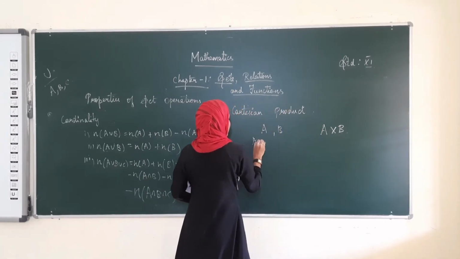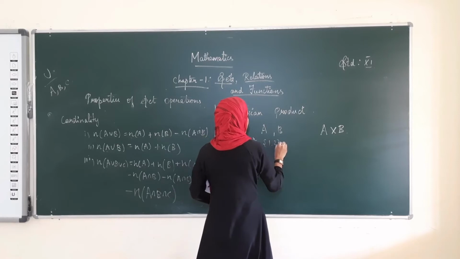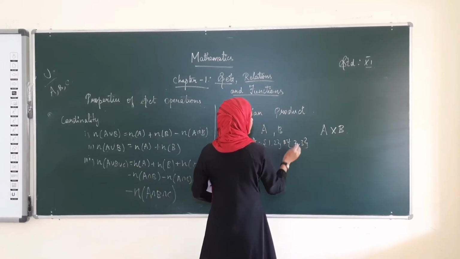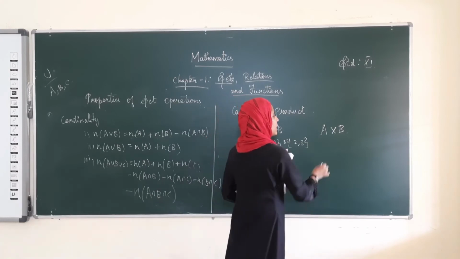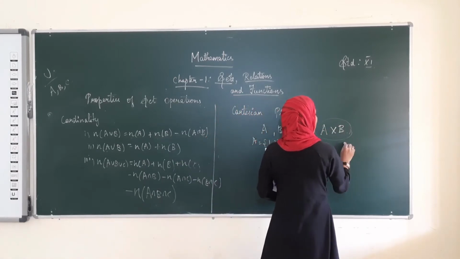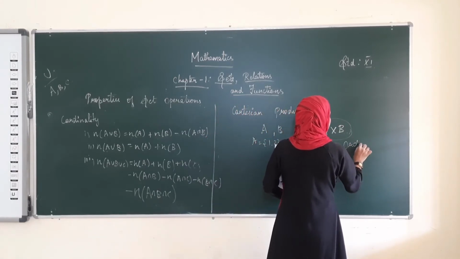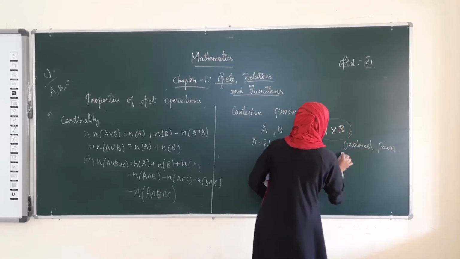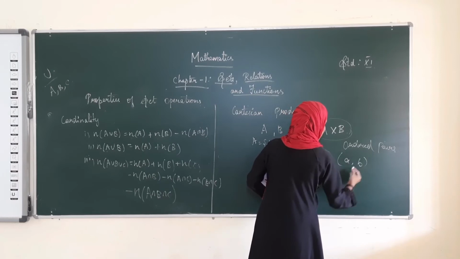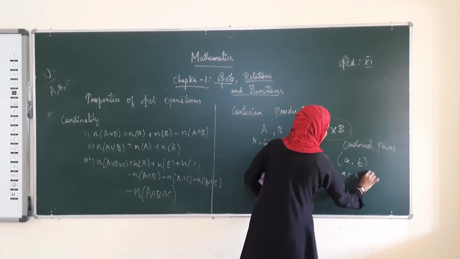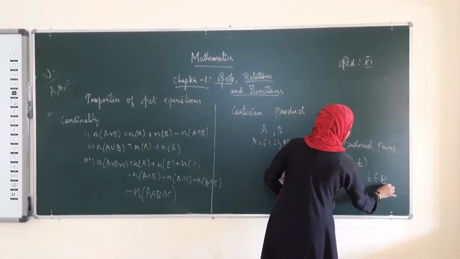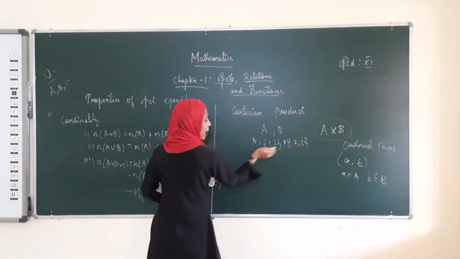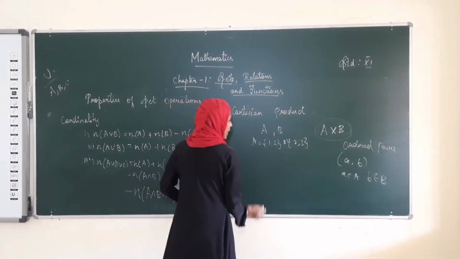Okay. Suppose A is equal to {1, 2} and B is equal to {2, 3}. The elements in this Cartesian product will be in the form of ordered pairs. What is the form of ordered pairs? It is in the form of (a, b), where a belongs to A and b belongs to B. I will explain it through this example.